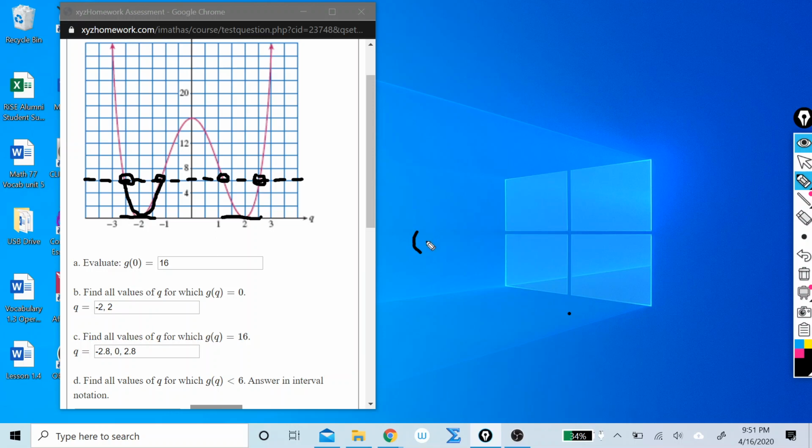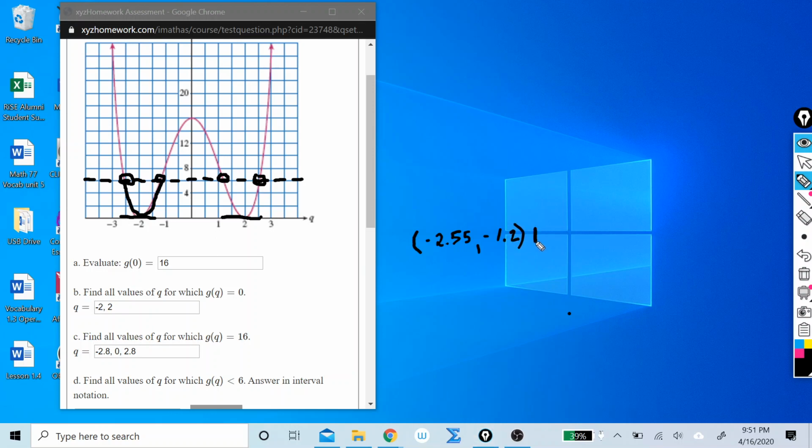And that looks like it's minus 2.5, maybe 2.55, maybe 2.6. That's my lower boundary right here. This looks like just a little less than -1. So negative 1 point, let's put down 1.2.